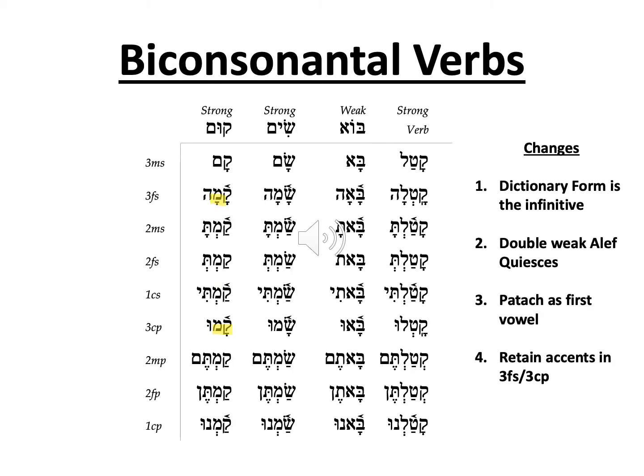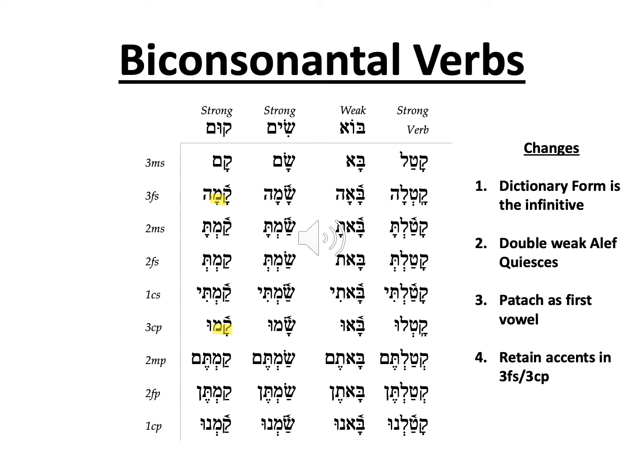Biconsonantal verbs are almost identical to geminate verbs, with a few exceptions. For instance, a biconsonantal verb does not have a dagesh forte in the second letter because there is no third letter. Instead, biconsonantal verbs are often called hollow verbs because in the infinitive, a strong, unchangeable vowel will appear in the hollow space in between the two consonant letters of the stem.